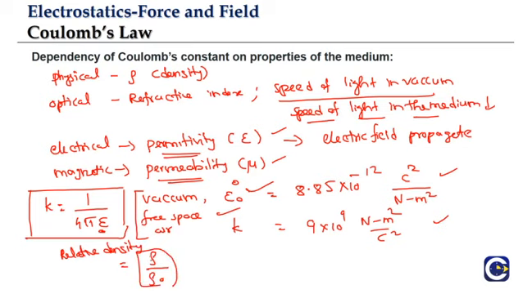In the same way, here we will use a term called relative permittivity. Relative permittivity, which we indicate with the symbol epsilon r, is nothing but the permittivity of the medium divided by the permittivity of vacuum or free space.